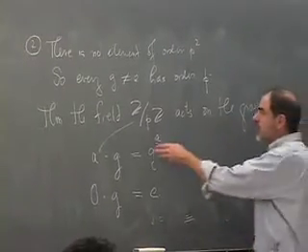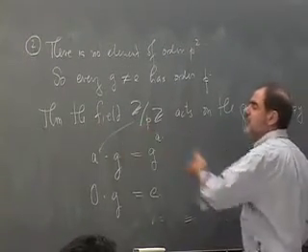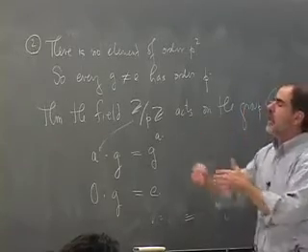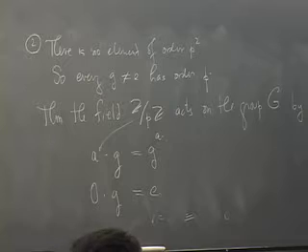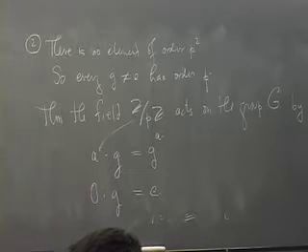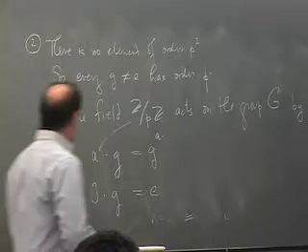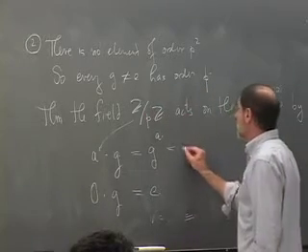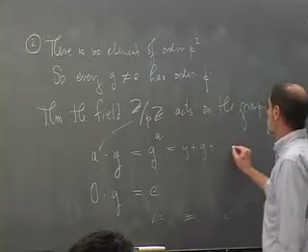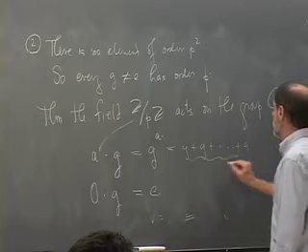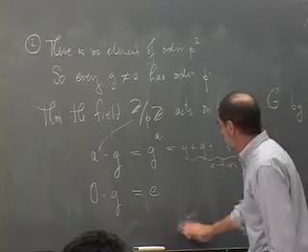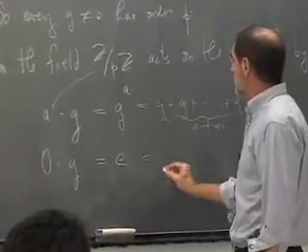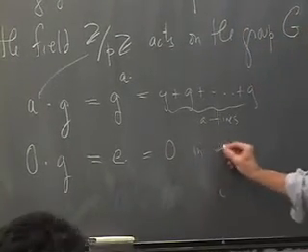And therefore, g to the a, namely as a plus sign, instead of multiplying elements g times h, you think of it as g plus h. That makes sense because G is abelian, so we can think of g plus h as the same thing as h plus g. So this would just be g plus g plus g, a times. And this would just be the identity element, which we could think of as 0 in the additive group.